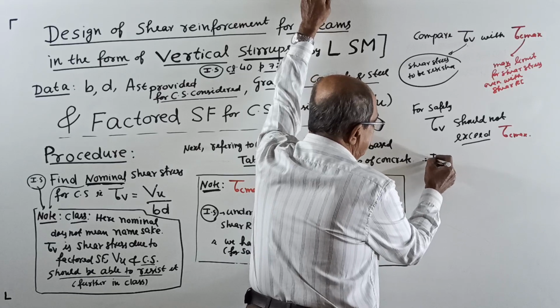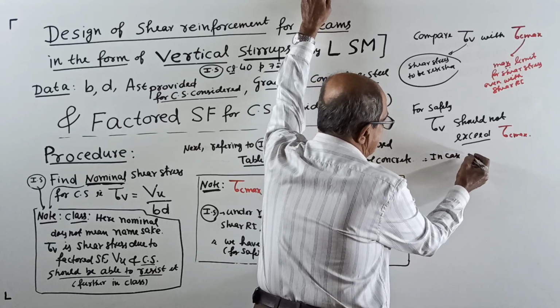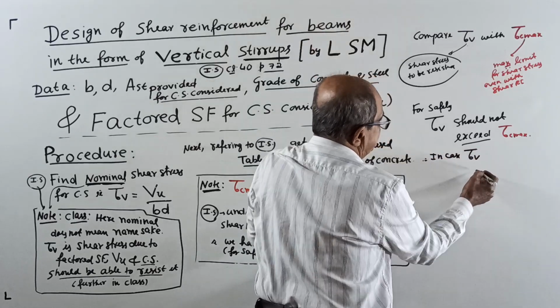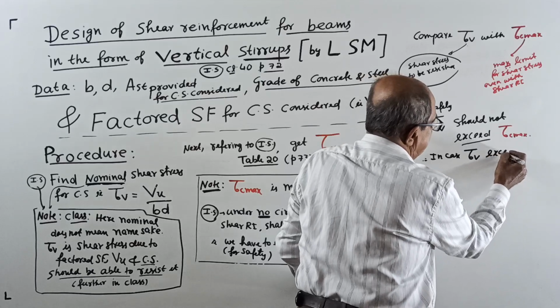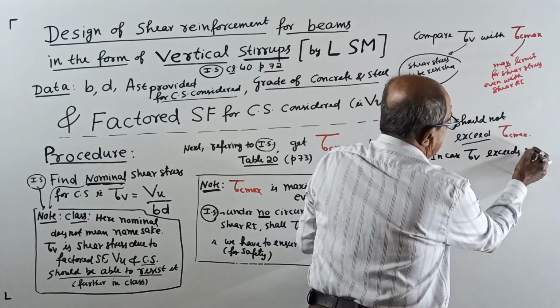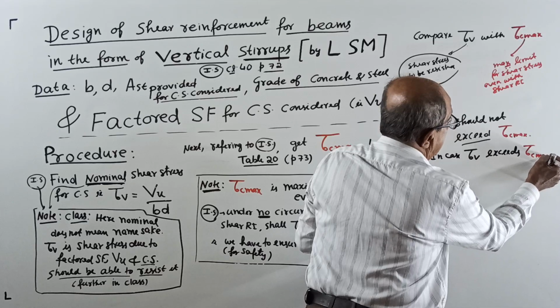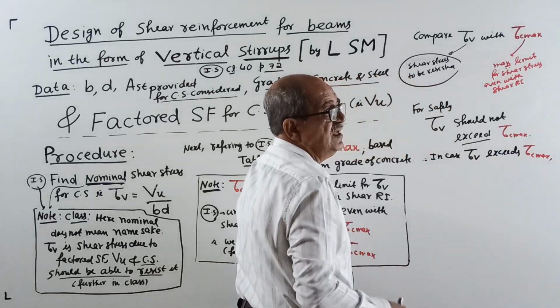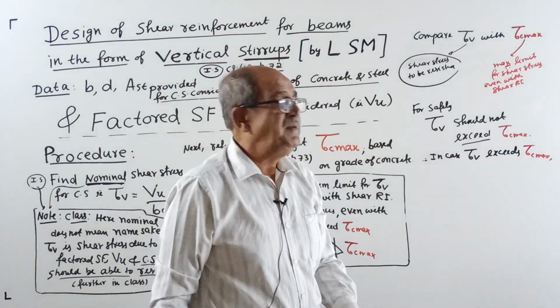Therefore, in case tau V exceeds tau C maximum, it means the shear stress is beyond the limit.